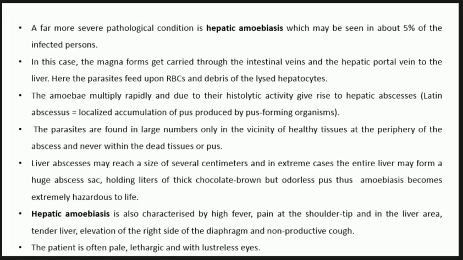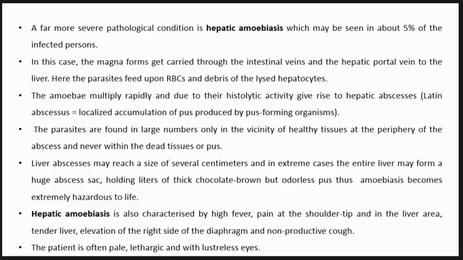So these amoebae will multiply due to their histolytic activity and give rise to hepatic abscess. What is an abscess? It is a Latin word, a localized accumulation of pus produced by pus-forming organisms. Remember, there will be damage to the tissue. Definitely this damage will lead to the localized accumulation of pus produced by the pus-forming organism, and this is an abscess. So hepatic abscess will be observed initially.